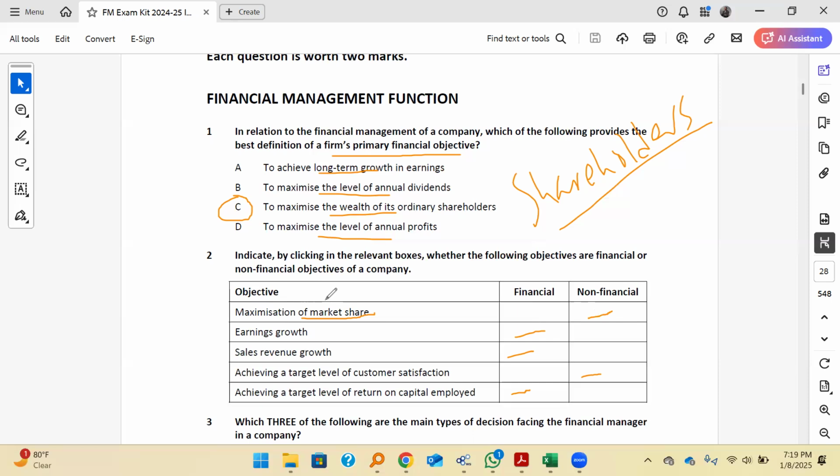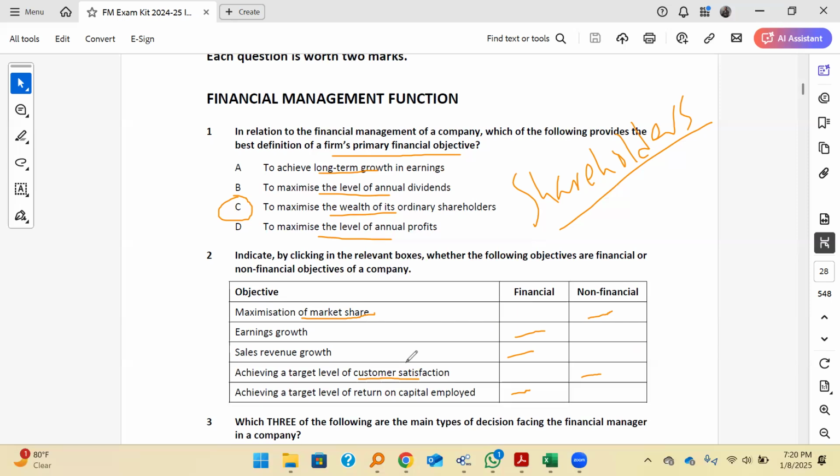Even if it is not a financial objective, you can see that these are easy to translate into finances. For example, when market share is big, it means you increase your revenue. Also, when customers are satisfied, you have repeat business, and that also means increased revenue.